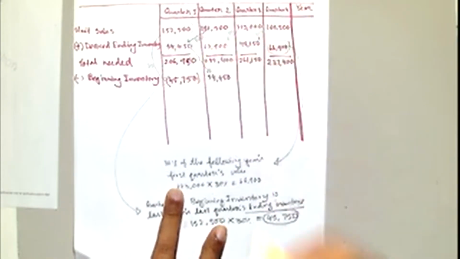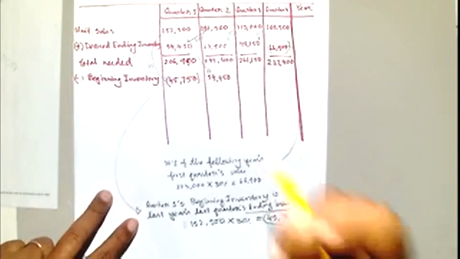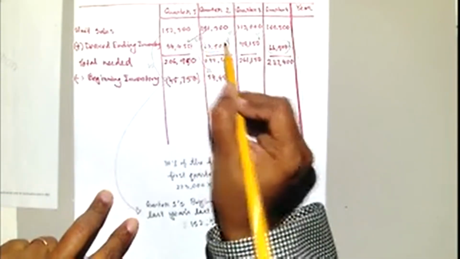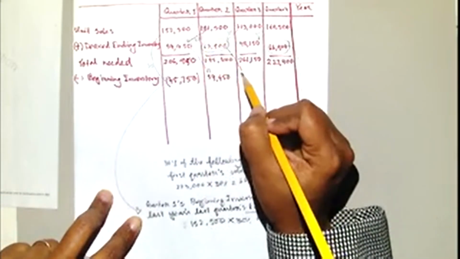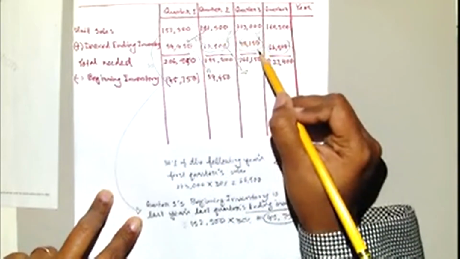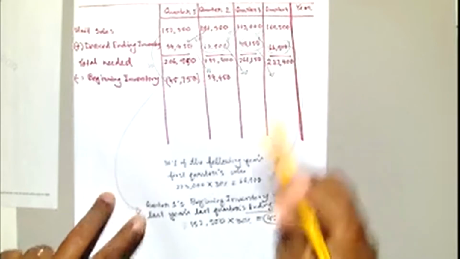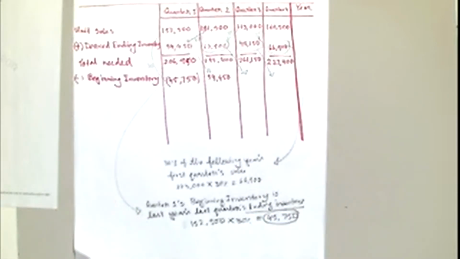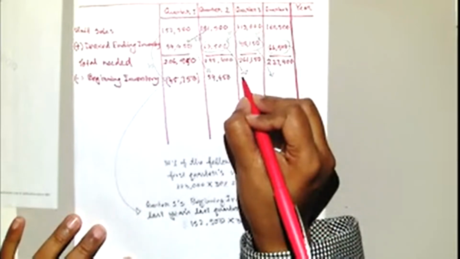That means quarter one's ending inventory will be quarter two's beginning inventory. Same thing here: quarter three's beginning inventory means quarter two's ending inventory, and quarter four's beginning inventory means quarter three's ending inventory. So just look at your prior quarter's ending inventory. That will be your beginning inventory here.